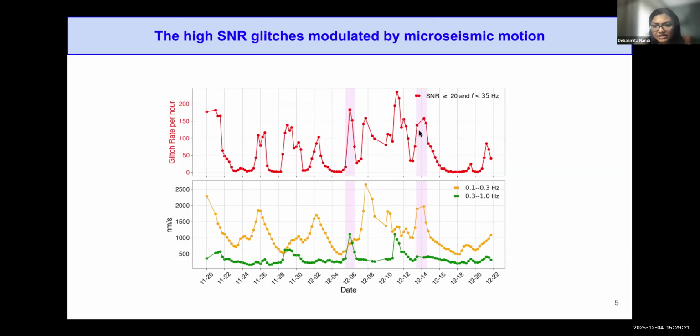But there are also some peaks which are at the same time when there was a peak in the 0.1 to 0.3 hertz ground motion. So we know that all of these motions below 1 hertz are affecting these glitches.